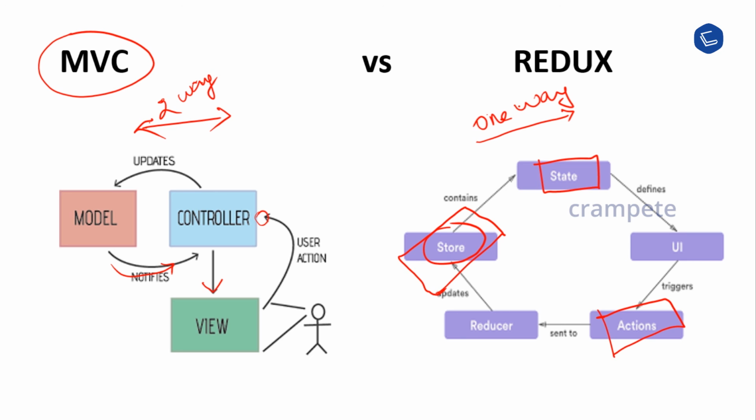And finally, another important part is the reducer, which reads the payloads from the action and then updates the store through the state accordingly. It's a pure function that returns a new state from the initial state.